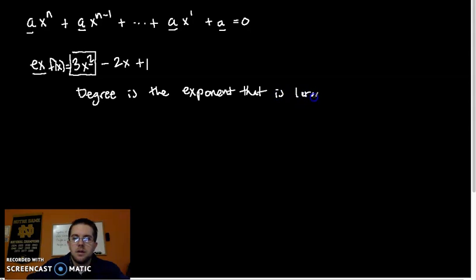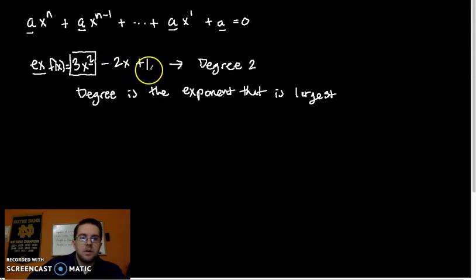Okay, so if I'm talking about this polynomial right here, f of x equals 3x squared minus 2x plus 1, 2 has the highest exponent value, so the degree of this polynomial is degree 2. Alright? And the coefficients are 3, negative 2, and positive 1. So here's another example.